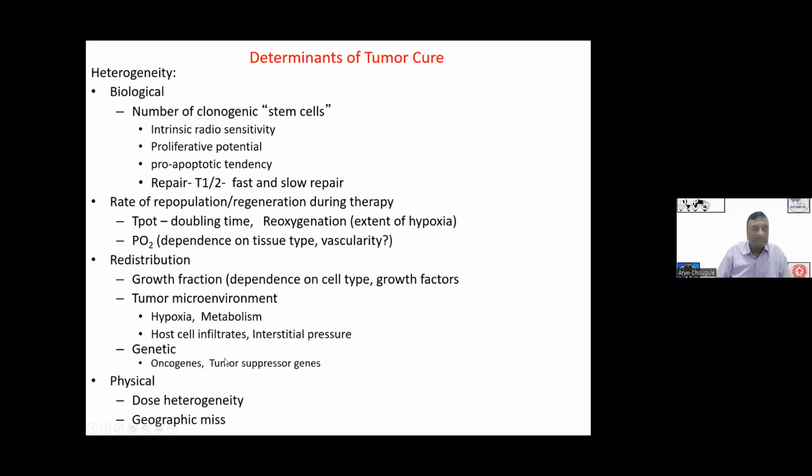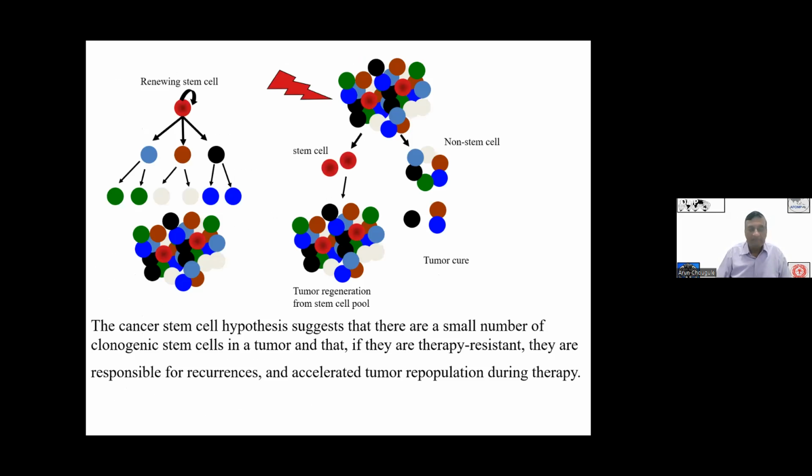So it is not just the interaction of radiation with the tissue, but the inherent biology of the tumor is very, very important for getting a good result. And also there is physical heterogeneity, dose heterogeneity or geographical miss, and this happens mostly in IMRT and other techniques, where we miss part of the tumor and there is a residual.